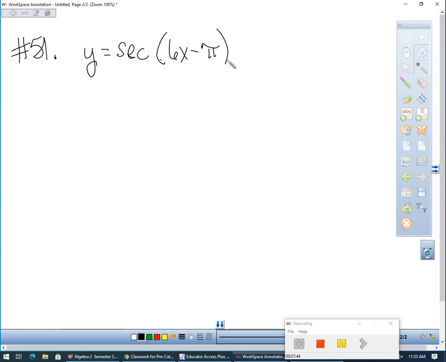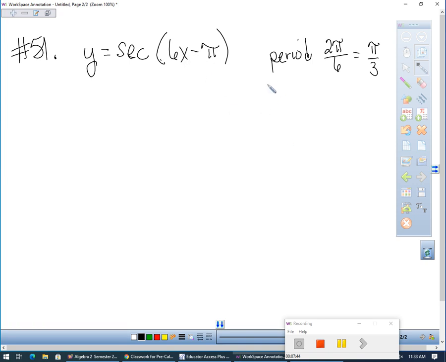So, first of all, let's look for our period. We need to talk about that. So the period, of course, is 2 pi divided by b, or 6, which means our period is pi over 3. All right? Then we also need to discuss the phase shift, which happens here.